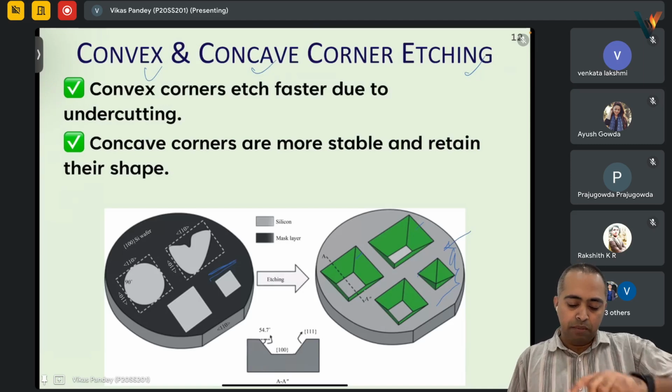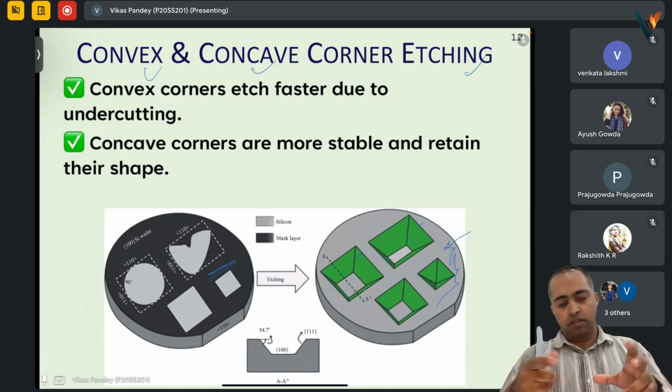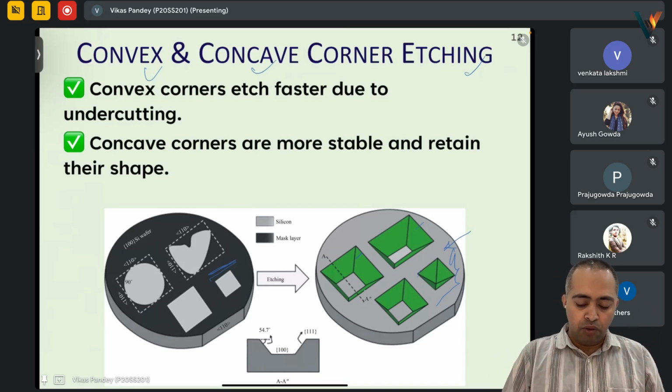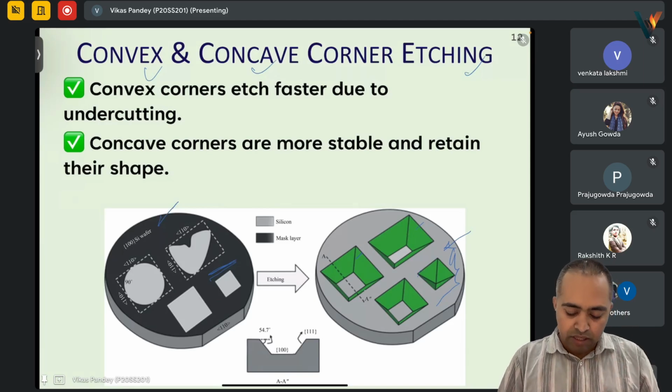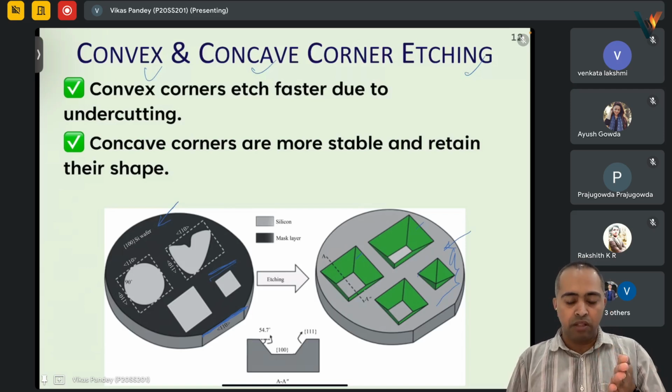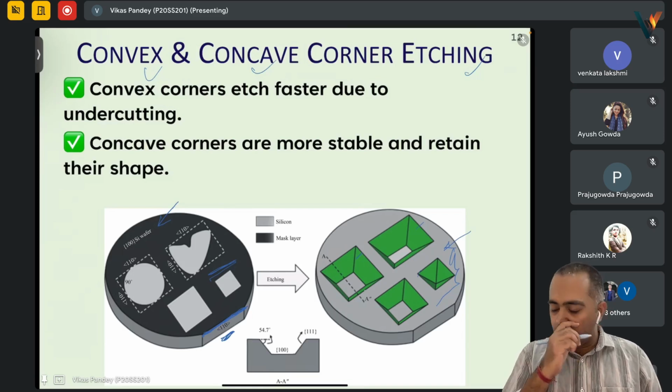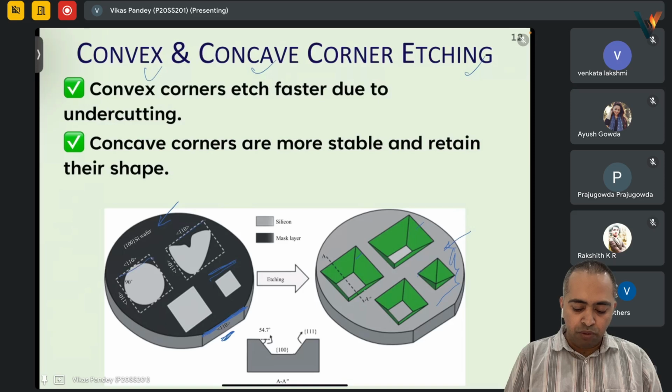Based on this, I'll show you how the wafer looks when we buy it. For a 100 wafer, there is a small cut mark on the wafer that gives the orientation of the 110 plane. Based on that, all the calculations are made. All planes parallel to it will be 110, and perpendicular to it will also be 110.